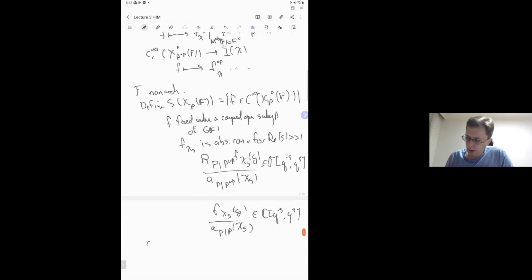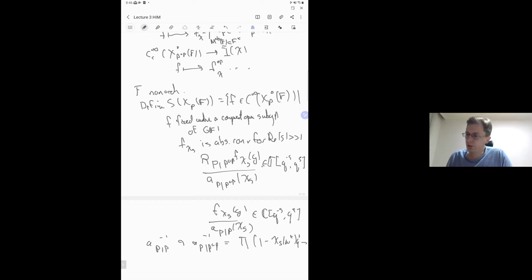Where here A_P and A_P op inverse are just equal to some product of things that look like 1 minus chi s of varpi to some power times q to some power, etc. So these are essentially local L factors.